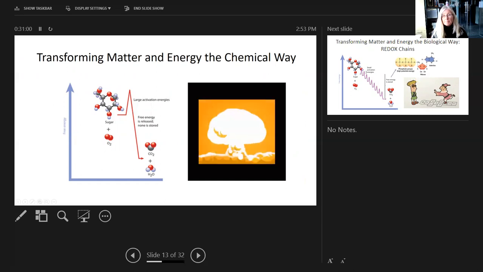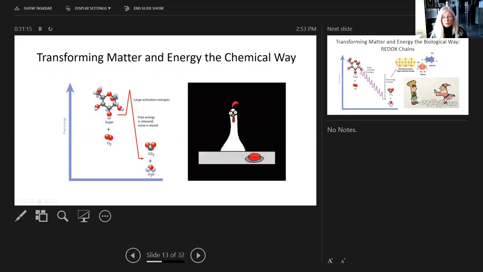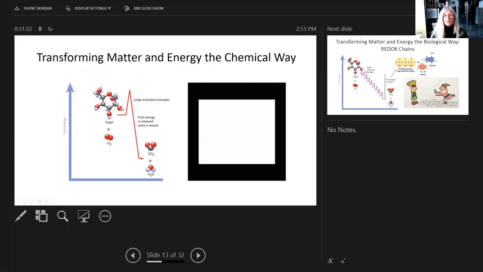And you can combust it, which is to break it down with oxygen if you wanted to, doing it the chemical way. And if you did it with heat, for example, what would happen is once you added enough energy through the heat or the chemical reaction to overcome the activation energy, notice what happens.